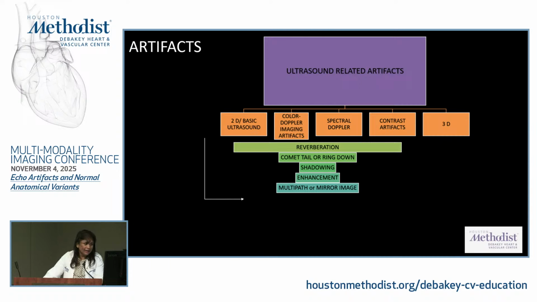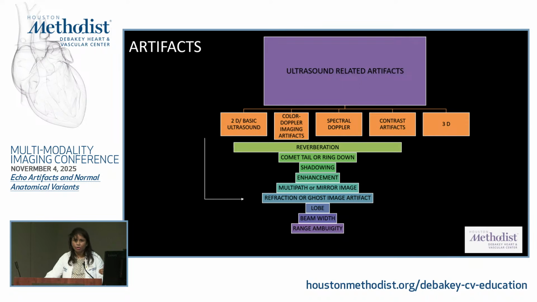Within the 2D, you have all these terms: reverberation, comet tail, shadowing, and we have refraction, side lobe, beam width, and range ambiguity. I know you're going to hate these terms, but they're important to remember from a board's perspective. But more than the name, I want you to understand the mechanism and also identify if it's an artifact or not. That's going to be the goal for today, right? Not identify the name, but at least know if it's an artifact or not.